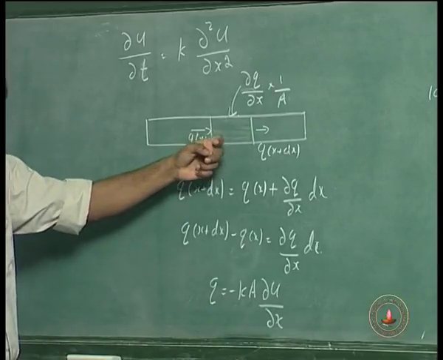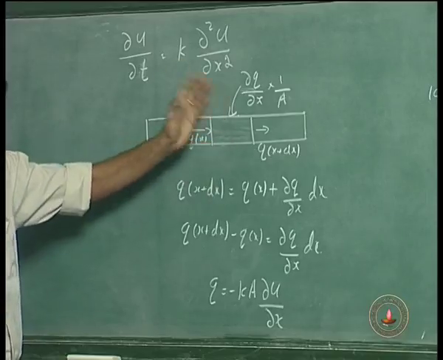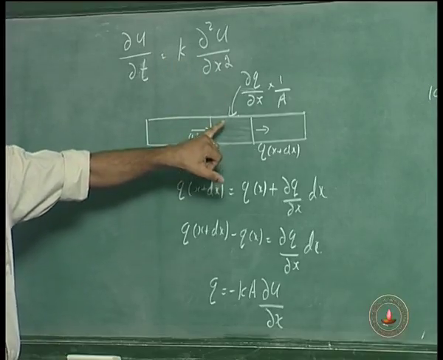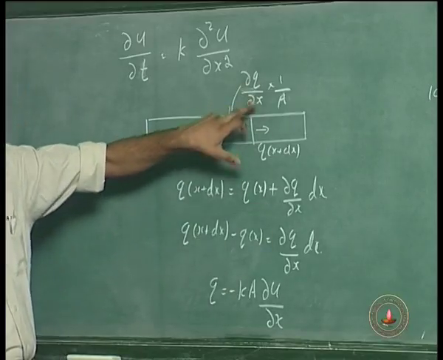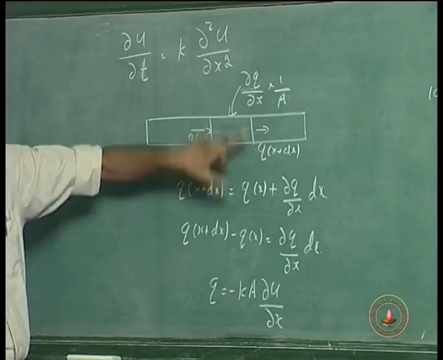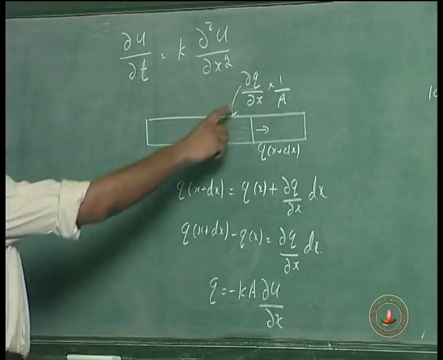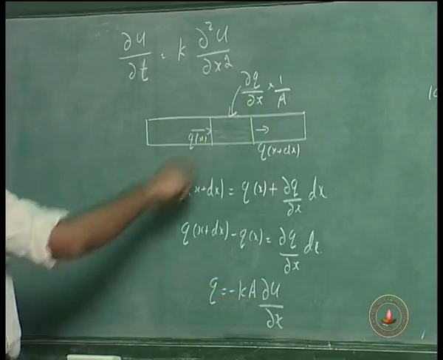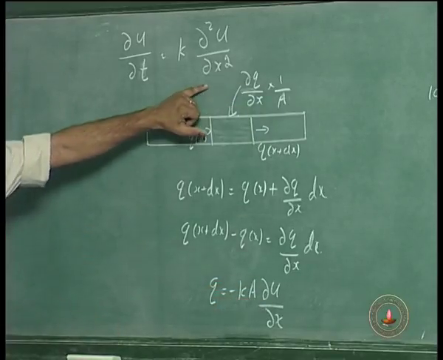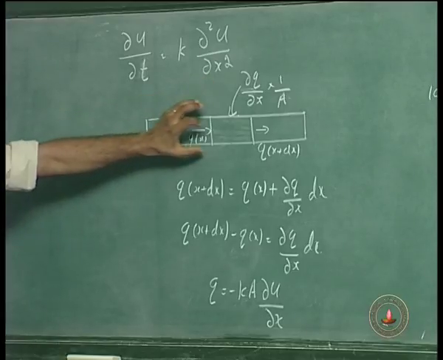The heat retained per unit area per unit length is again 1 over A del Q by del x. But we know Q is K A into del U by del x. So we get the heat retained as del squared U by del x squared, and that retained heat is actually used for increasing the temperature there.